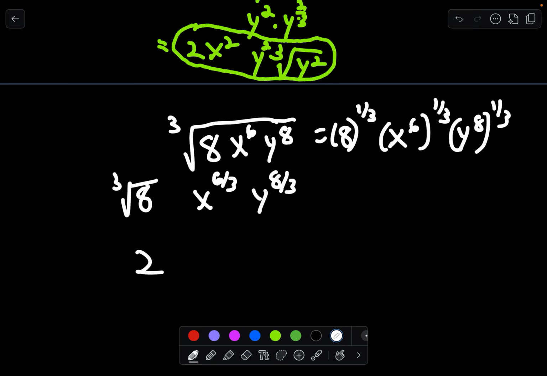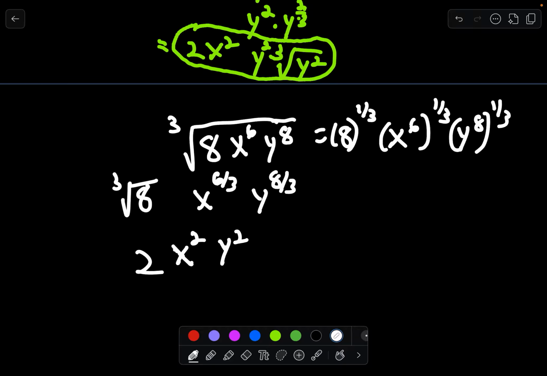So basically, when you look at this, you take the 3 and the 6, you divide it, that gives you 2, so that goes in evenly. So that's going to be x squared, okay? Then you take the 3 and the 8, and you divide 8 by 3. 3 goes into 8 twice, so that will give you a y squared.